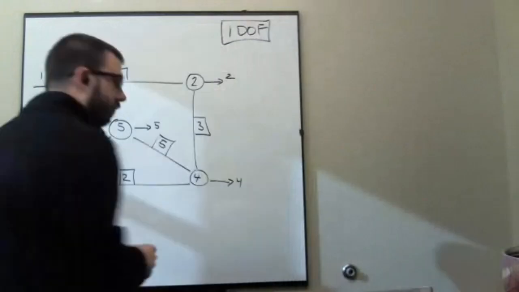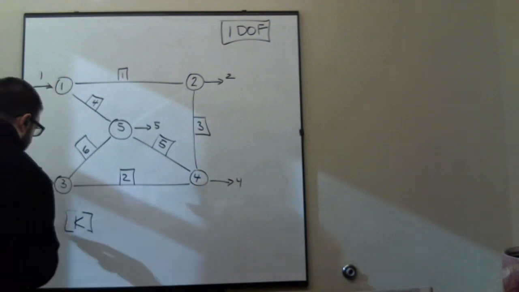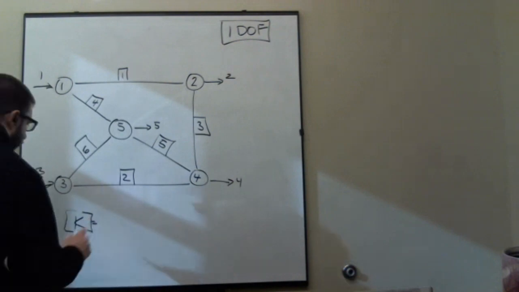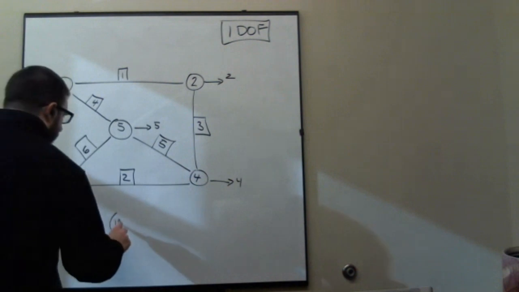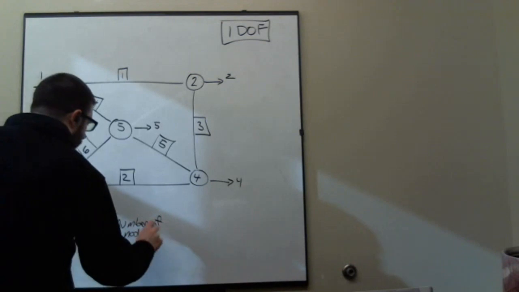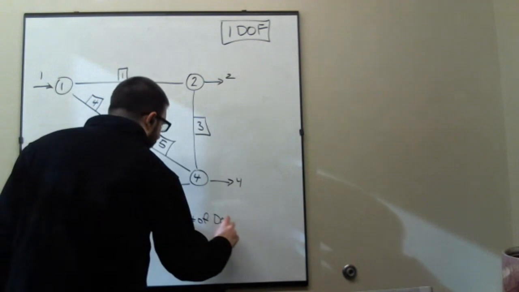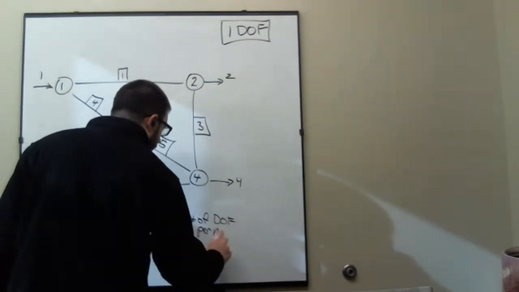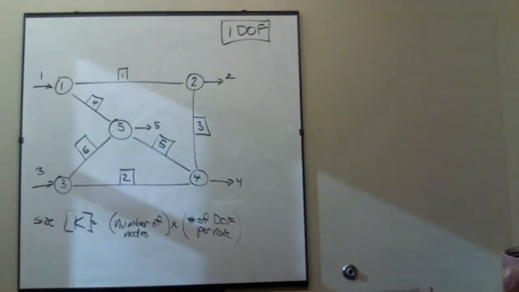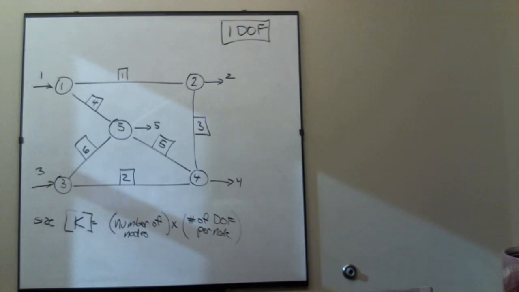One way you could look at this is that the size of your big K matrix equals the number of nodes times the number of degrees of freedom per node. Does that make sense? Each node only had 1 degree of freedom, and there were 5 nodes. That's why the whole system was 5 by 5. Does that make sense?